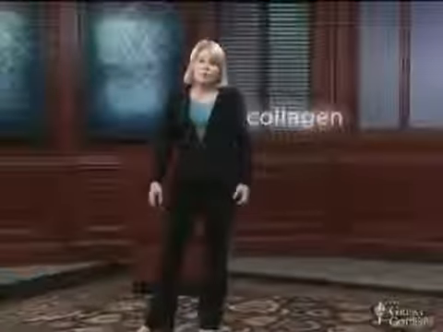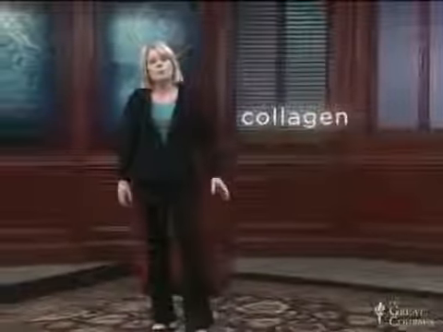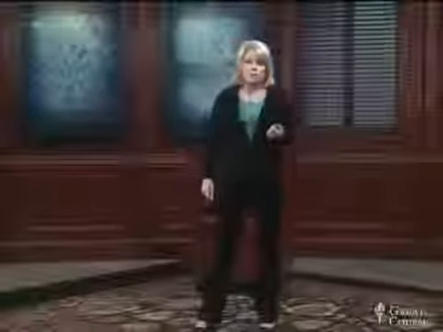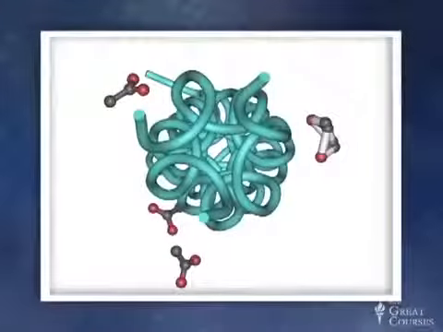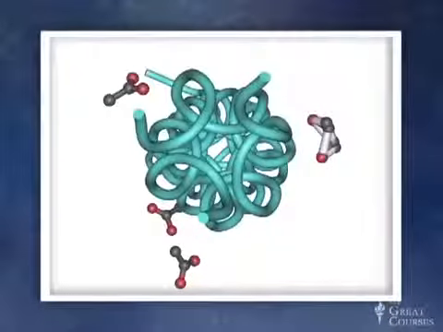Now, not all proteins have functions that we consider active. Others are passive, and they're present to provide a structure to a cell or a tissue. For example, collagen, which is a protein named after the Greek word for glue, is a main component of connective tissue, and it represents 30% of the total protein in our bodies.